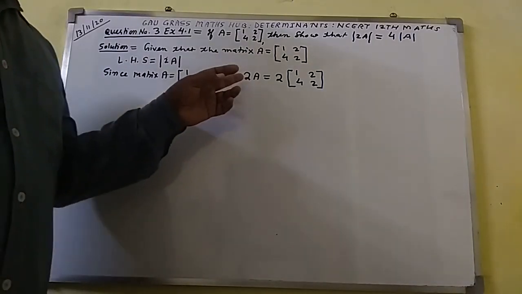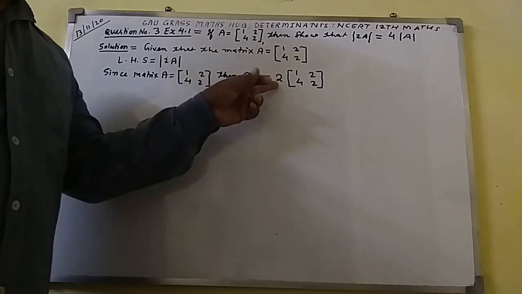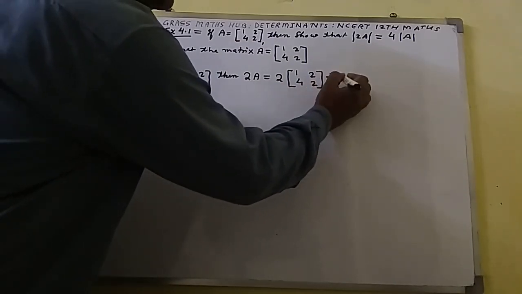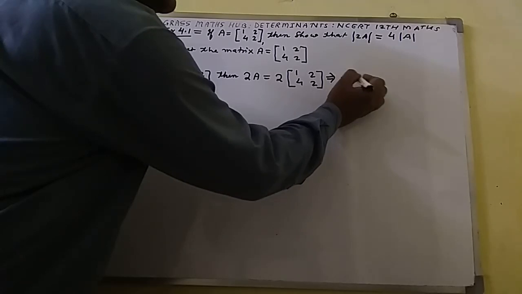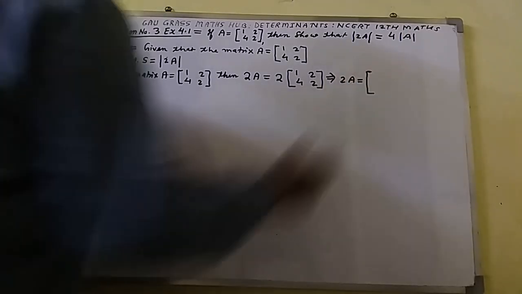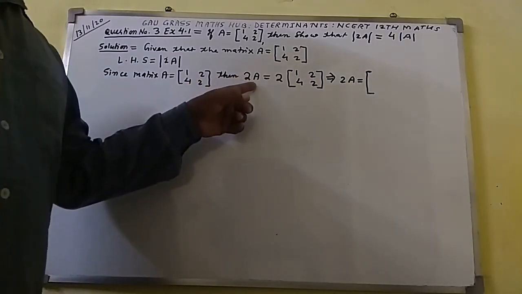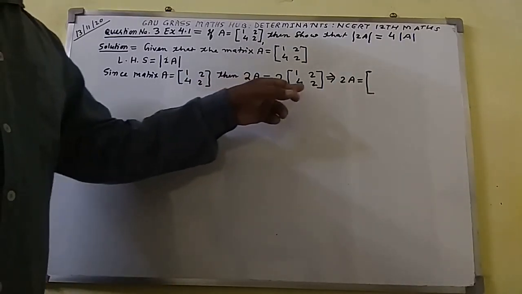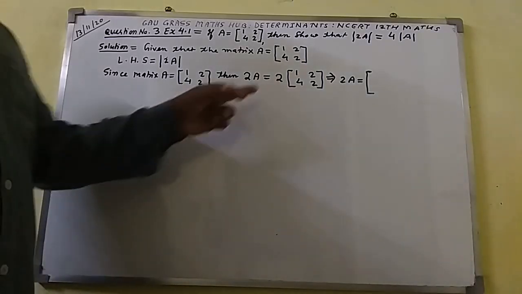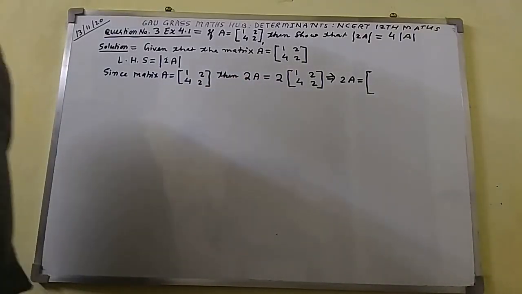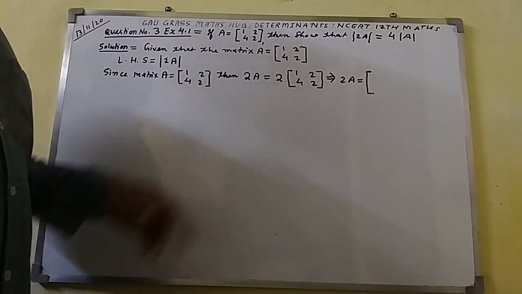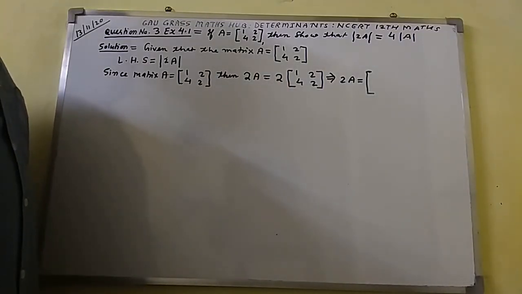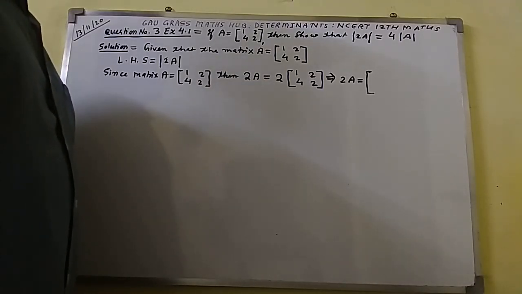Here you can see 2 is multiplied to matrix A. When a scalar or a constant is multiplied to a matrix, the scalar will multiply to each element of the matrix.